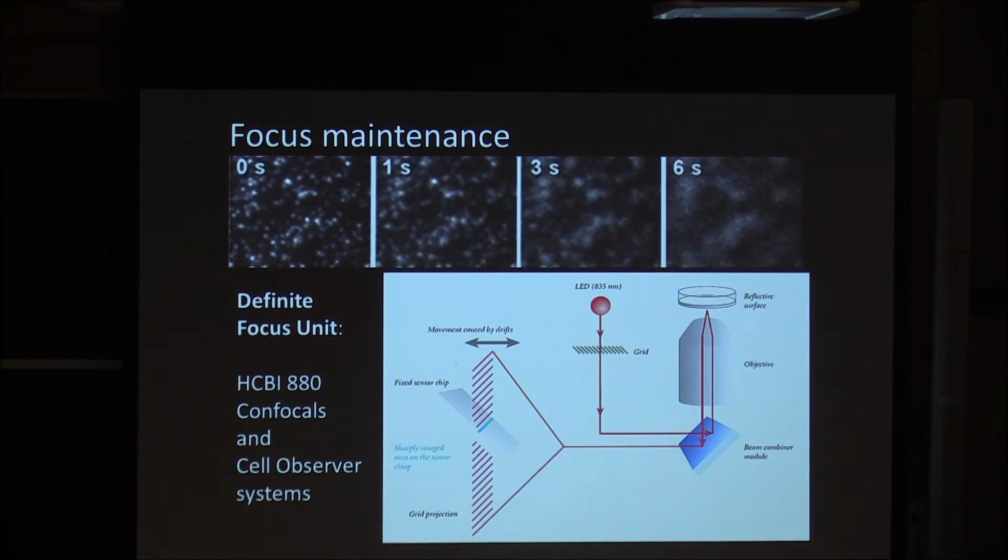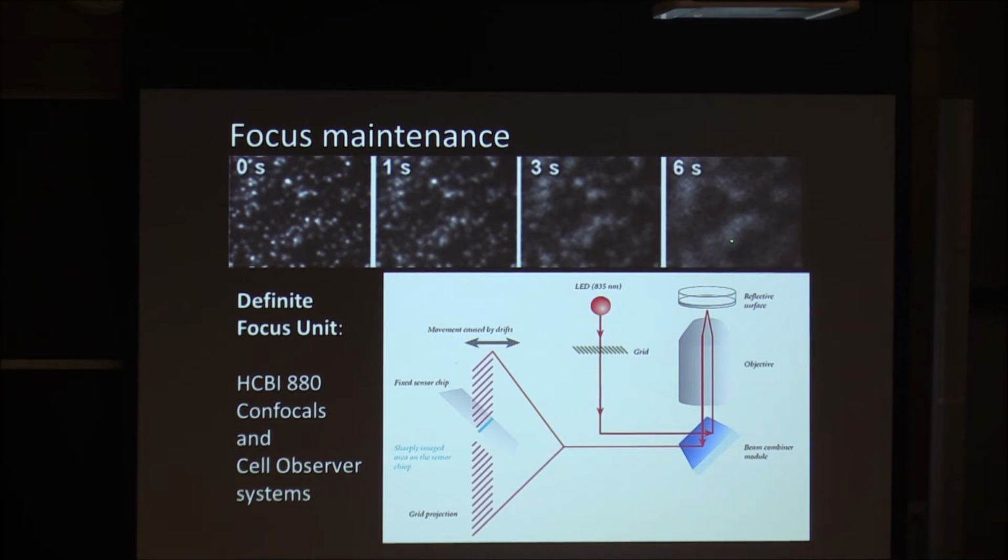All right. I said focus maintenance is really important as well. So this is an example of this in its worst situation. You can see these are images of the exact same area, just taken a few seconds apart. You can see that the sample is slowly drifting out of focus.